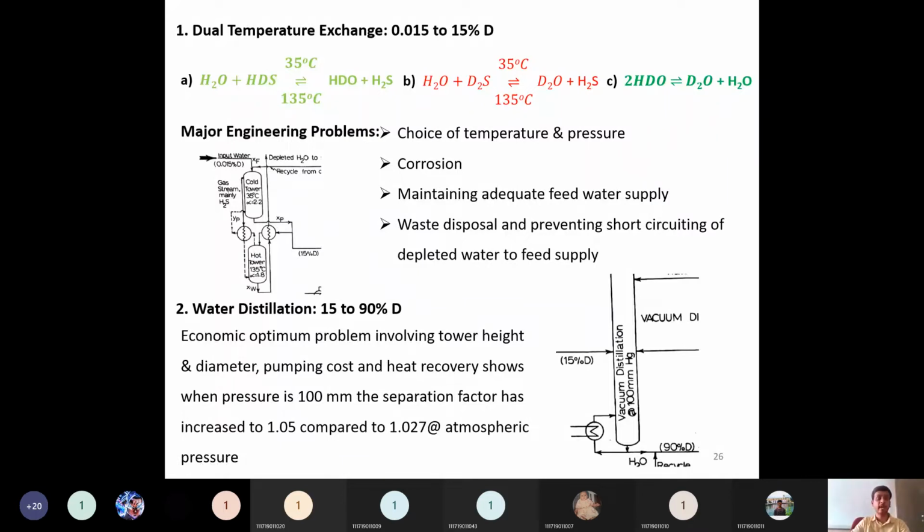The use of iron sulfide as a protective coating is very helpful to lower the corrosion. So to lower the corrosion, we have to coat the cold tower and hot tower with ferrous sulfide, nothing but iron sulfide.